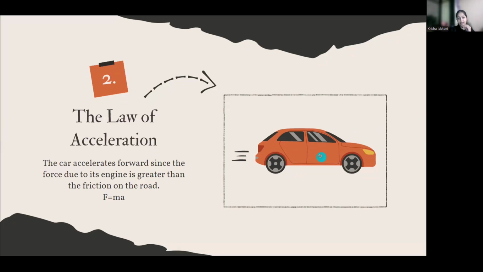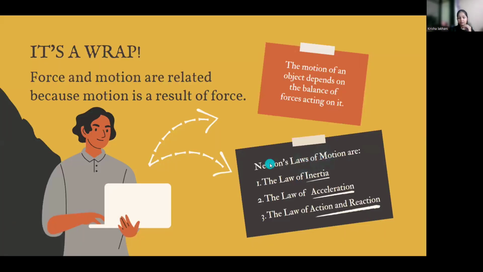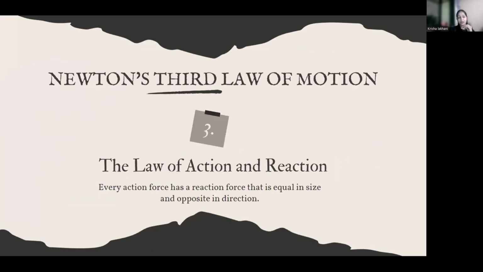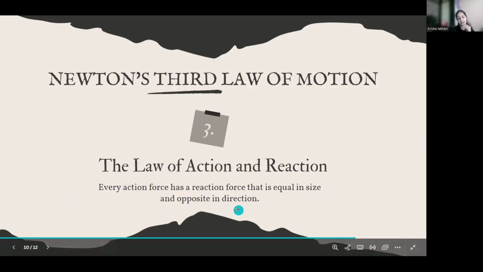Moving to the next and last law, that is the third law, before we wrap up. Very easy. We always say this: every action has an equal and opposite reaction. So this is the third law of motion, that is the law of action and reaction. Every action force has a reaction force that is equal in size and opposite in direction.